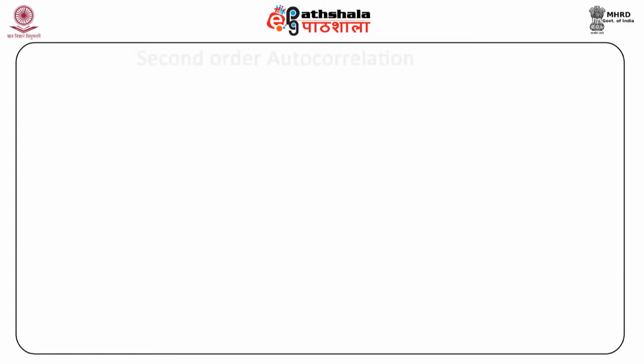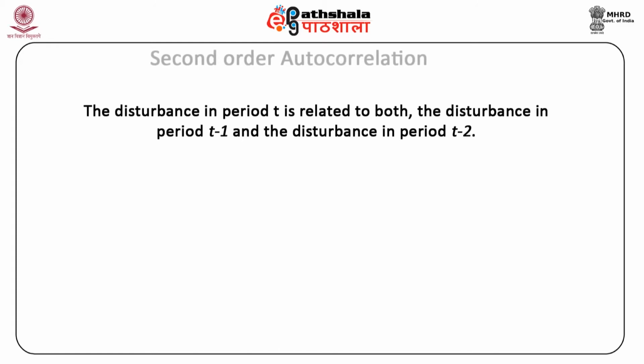Third is the second order autocorrelation or AR2, in which the disturbance in period t is related to both the disturbance term in period t minus 1 and the disturbance in period t minus 2.